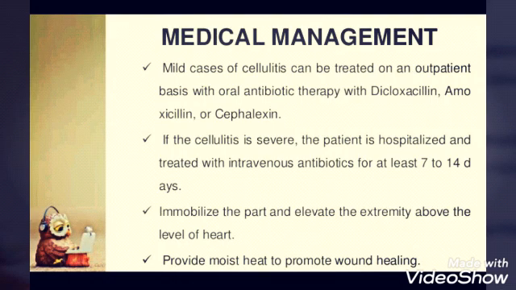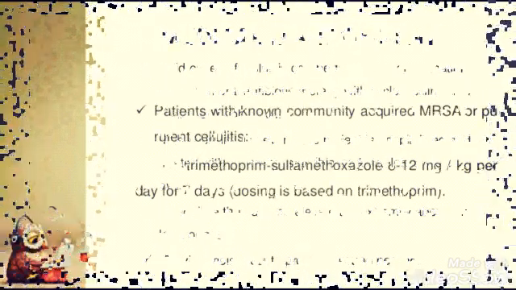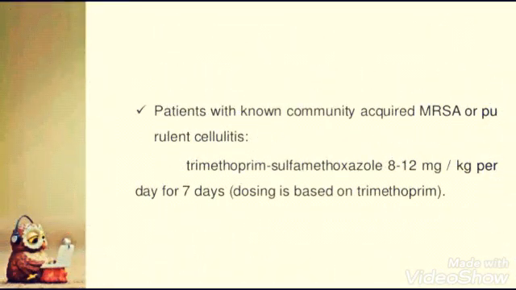Then for patients with known community acquired MRSA or purulent cellulitis. MRSA means methicillin resistant Staphylococcus aureus. This MRSA condition is mainly caused due to the prolonged use of antibiotics. Antibiotics are the drugs mainly given to the patient when they come in contact with a bacterial disease condition.